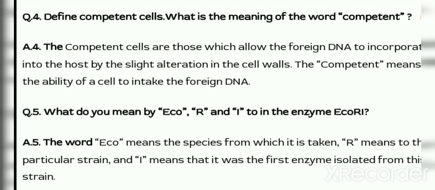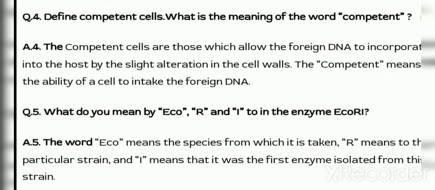This is the meaning of the word competent. So there is some alteration in the cell wall, which allows the foreign DNA to incorporate into the host. So competent means the ability of a cell to take in foreign DNA.